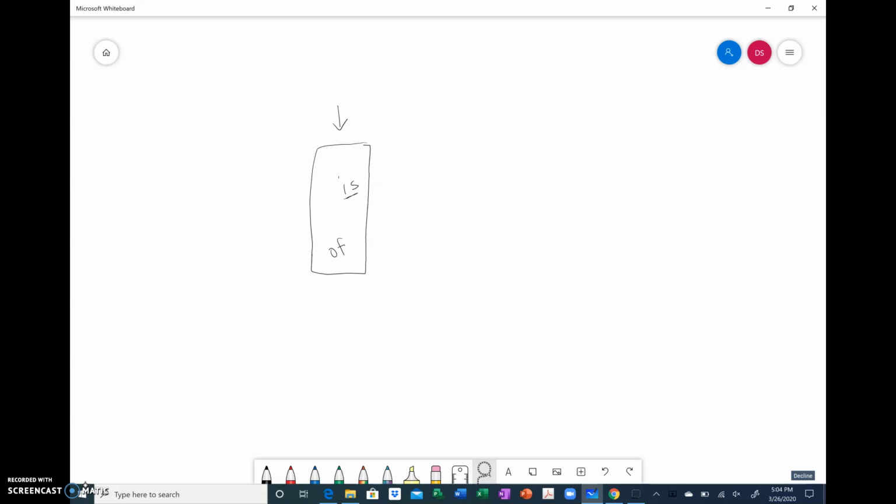All right, so I'm going to skip way over to number 10 on page 456, and it says 14 is 56% of what number? I'm telling you, if you can keep this is over of in your mind, you will not have trouble setting these up.